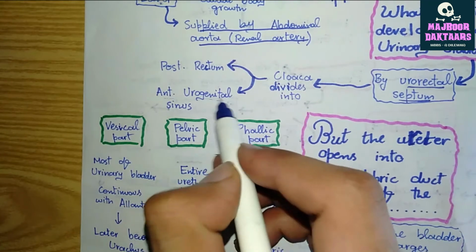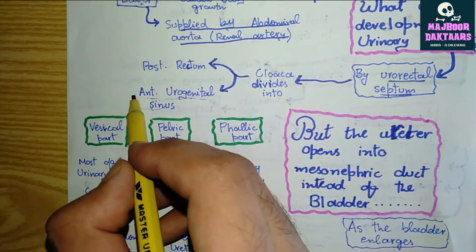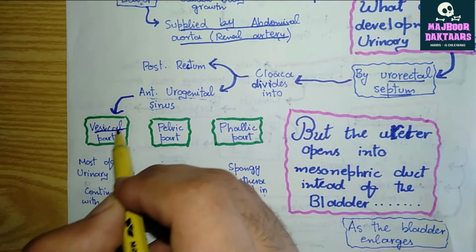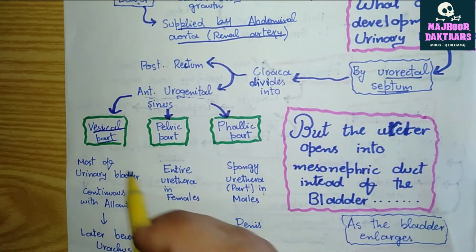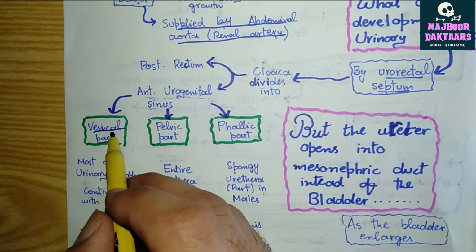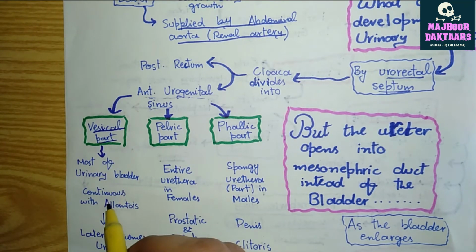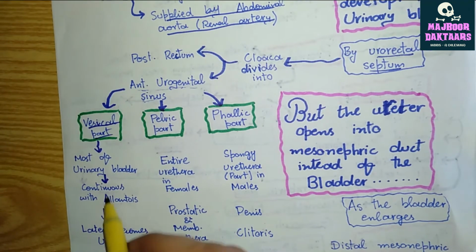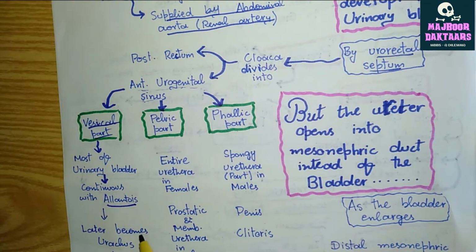The ventral urogenital sinus consists of three parts for descriptive purposes: the vesicle part, the pelvic part, and the phallic part. The vesicle part is the proximal-most part, which forms most of the urinary bladder and is continuous with the allantois, which is the posterior diverticulum of the umbilical vesicle.